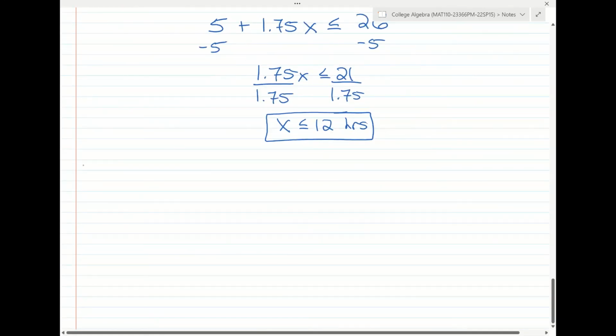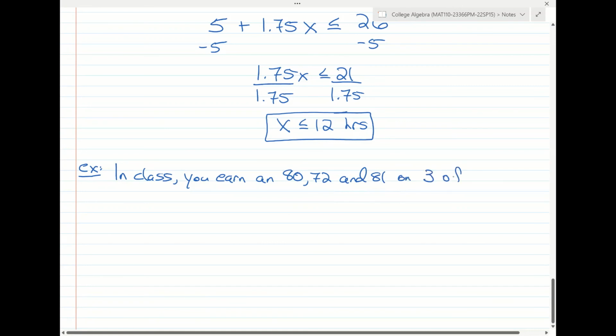One more example here. Let's say in class, you earn 80, 72, and 81 on 3 of 4 exams.